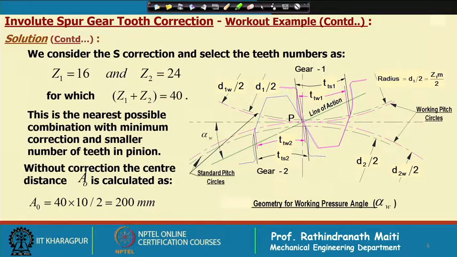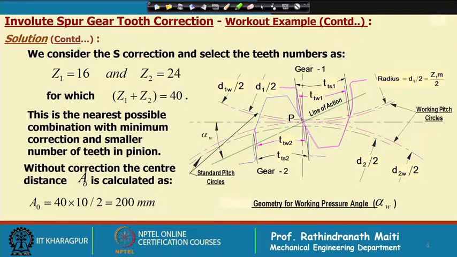The way is that we need to provide some correction. We have to go for positive corrections, positive correction for both, so that the center distance is equal to 210 millimeter.